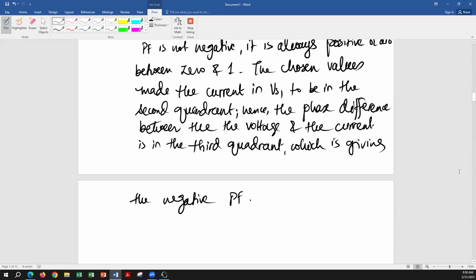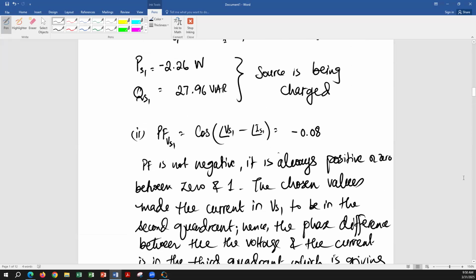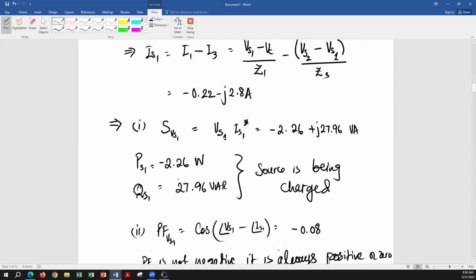So once again, the source is being charged. The current is going into the source, and that's what you see. The active power is negative instead of positive. That is, instead of being given up by the source, it's consuming the power.